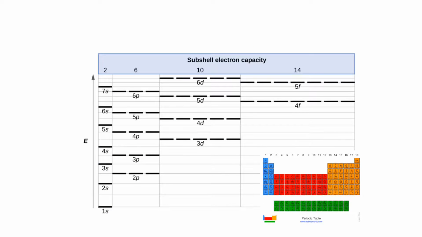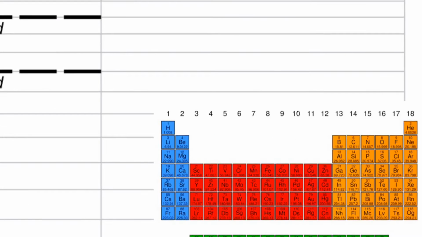Next example, another exception to our rules for filling our orbitals, is going to be, as promised, copper. So here we're now at 29 electrons.